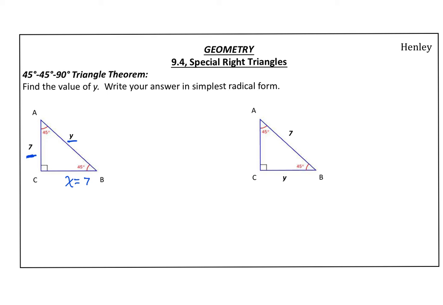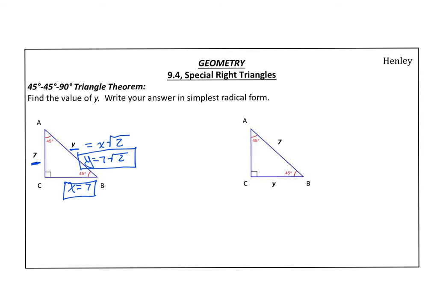And y is going to be equal to x times the square root of 2. The value of x is 7, so this side is 7 times the square root of 2. That's your y value. There's one answer. There's your x value. Now pause the video and you do the second one.